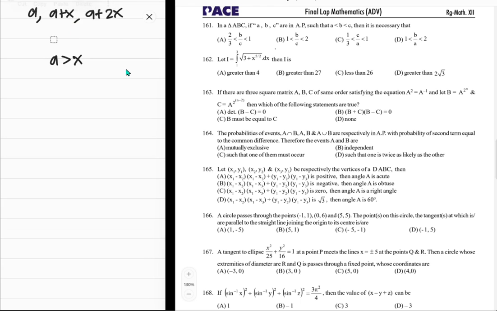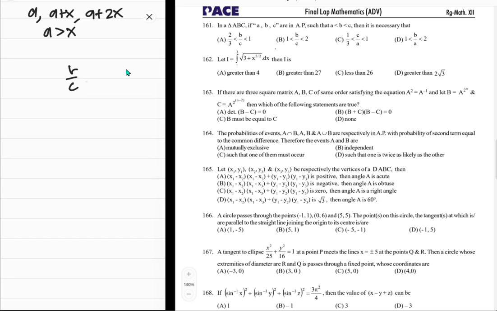Now we can do everything. Now b upon c, first let's find c upon b. So c upon b is a plus 2x upon a, which is 1 plus 2x upon a, right? So c upon b, well, it's less than, okay, this isn't working. Let's directly find b upon c in fact.